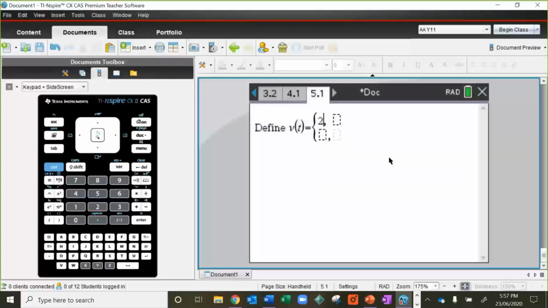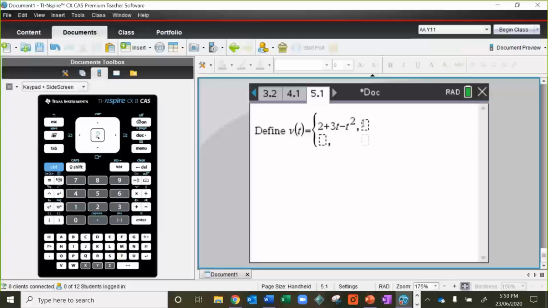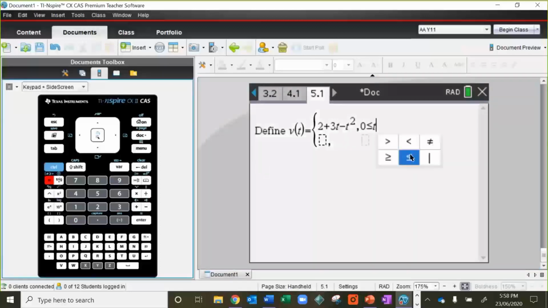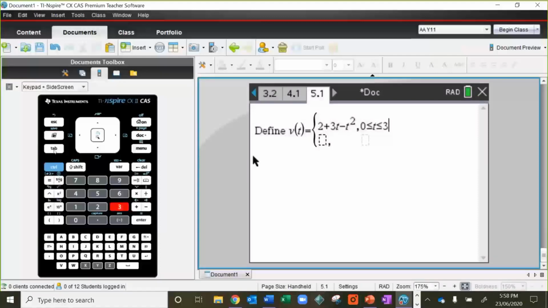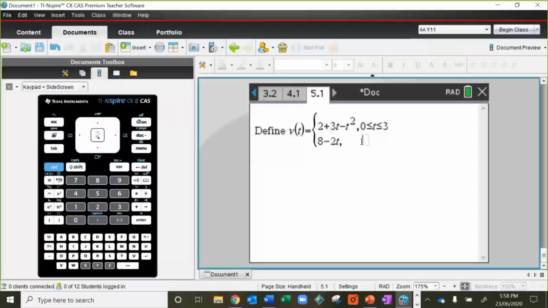So let's enter 2 plus 3t minus t squared, and that happens when time is between 0 and 3, and tab, 8 minus 2t for time being greater than 3. So just check 2 plus 3t minus t squared between 0 and 3, 8 minus 2t, and done.